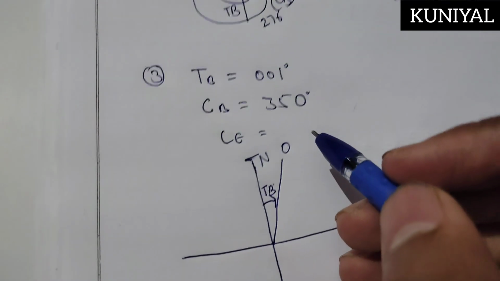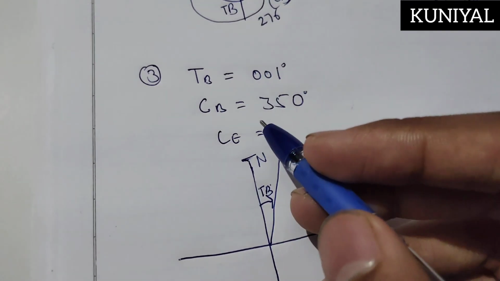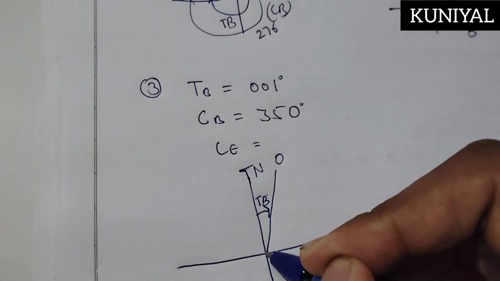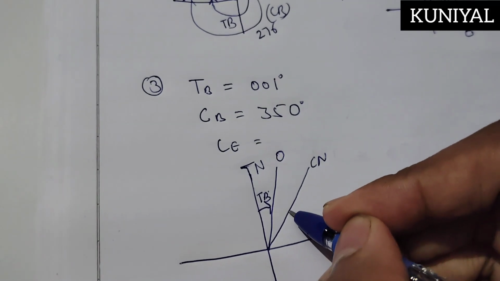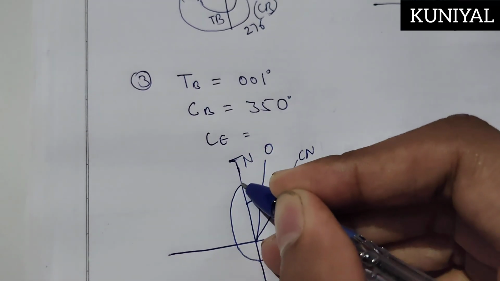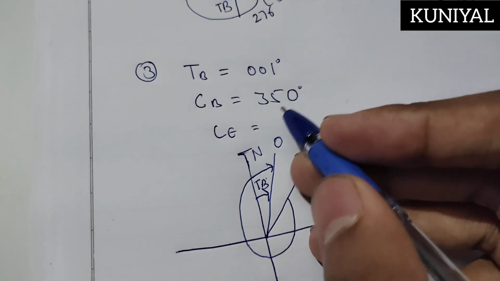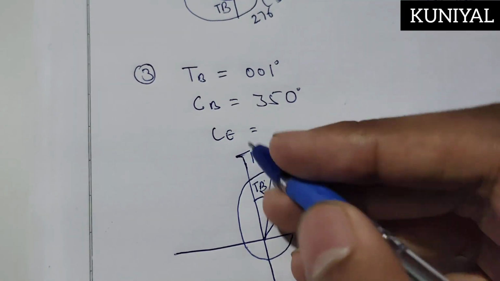You have to assume where the compass north will be, and we always take the direction clockwise. So if compass north is somewhere like that, and then you measure this angle from here to the object, it will be approximately 350 degrees. You just have to assume where it will be, the angle it makes.